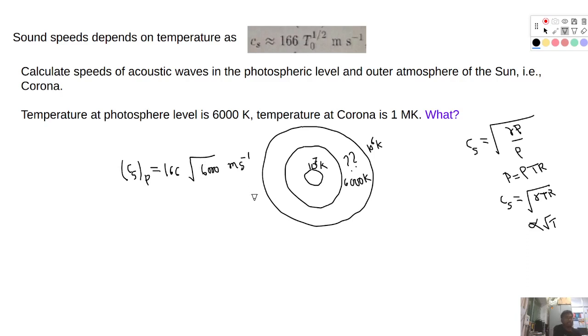If we try to find it, it will give you a value of, let's say, 12858 meter per second.